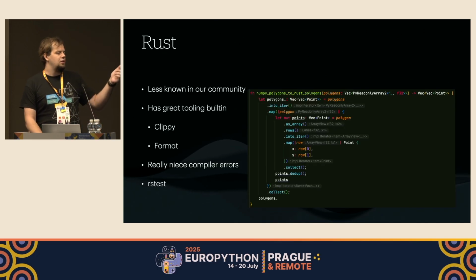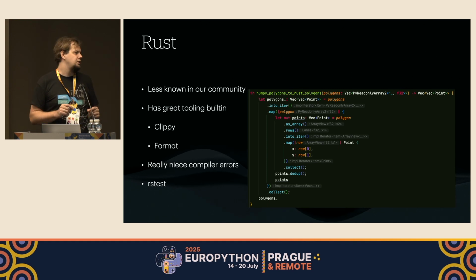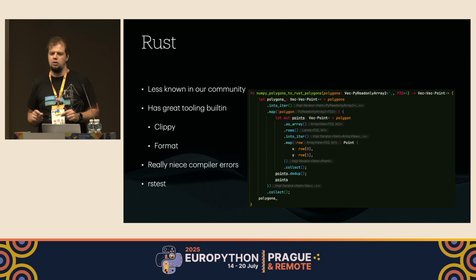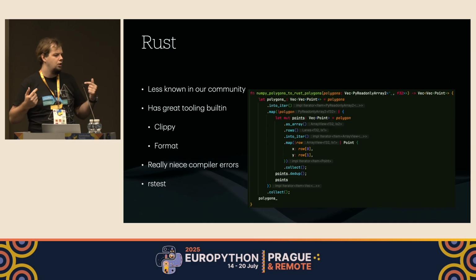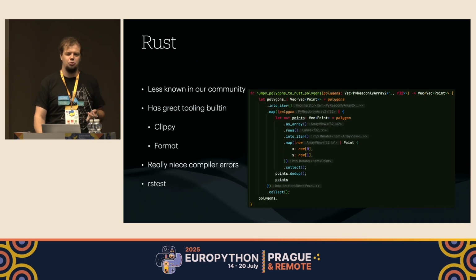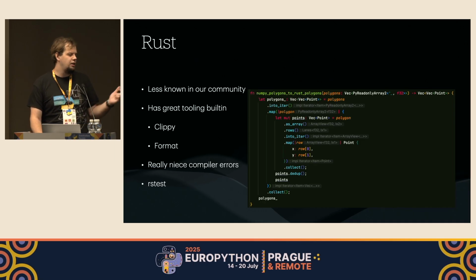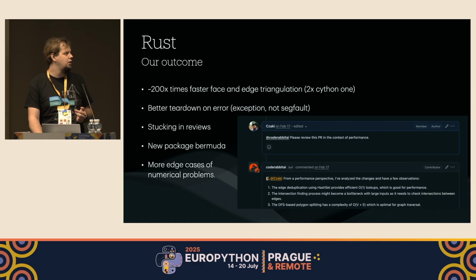Also, as I said, it's less known in the community, though it has a great built-in toolchain that allows us to skip some stupid errors, and it has nicer compiler errors to understand what the problem is. Rust's test is quite similar to PyTest and allows us to do it better.